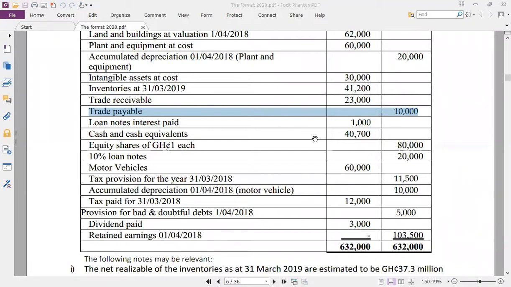It's 8,000? So the 10% loan note is 80,000? Not the 80,000, 80 is for equity. Okay, so it's 20, right?